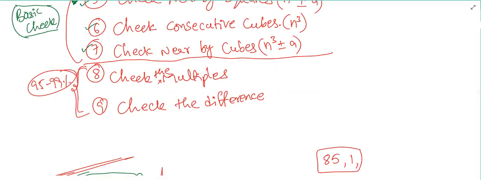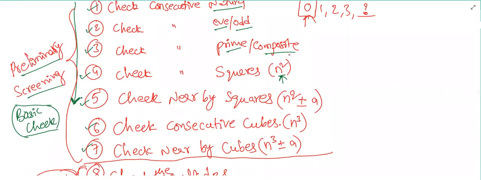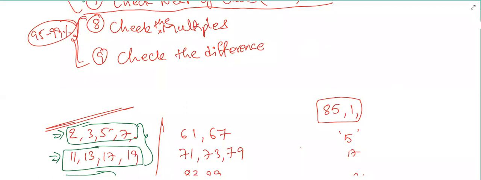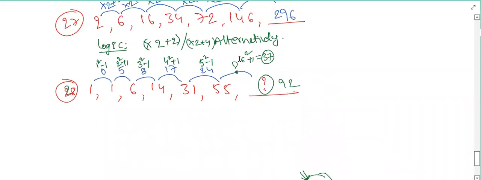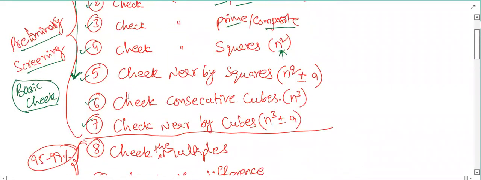Sir, when we are getting questions from these two models, why learn all the above things? The question which we did right now was related to the above ones also. Yes, very good. The question is based on difference only, but the difference numbers are matching with point number 5, nearby squares.